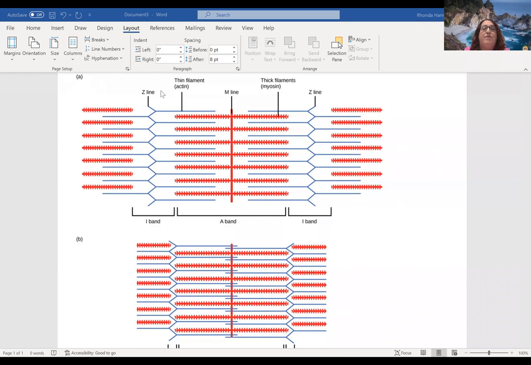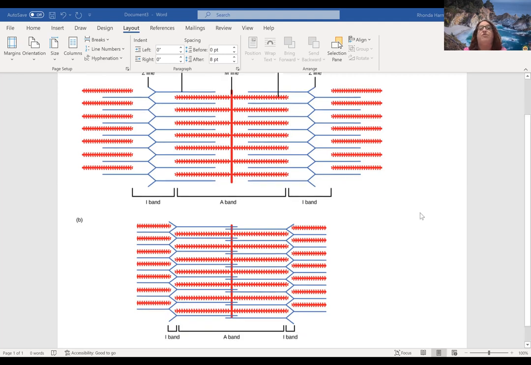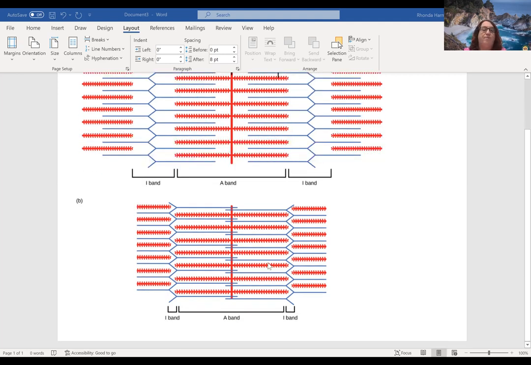We've got our spaces for the Z line. We've got our spaces for the M line. We have that area where we're not having the overlap or the actin and myosin aren't as tight. And we've got each of the different items identified. So really and honestly, this is kind of the picture you need to draw. You just have to add your explanations for everything as well as having the labels. And you have to make sure the labels are on both diagrams.